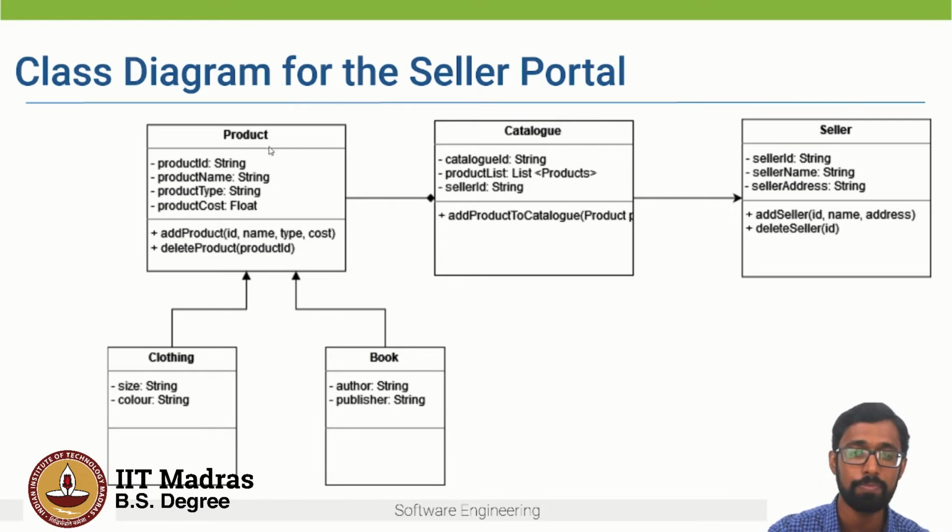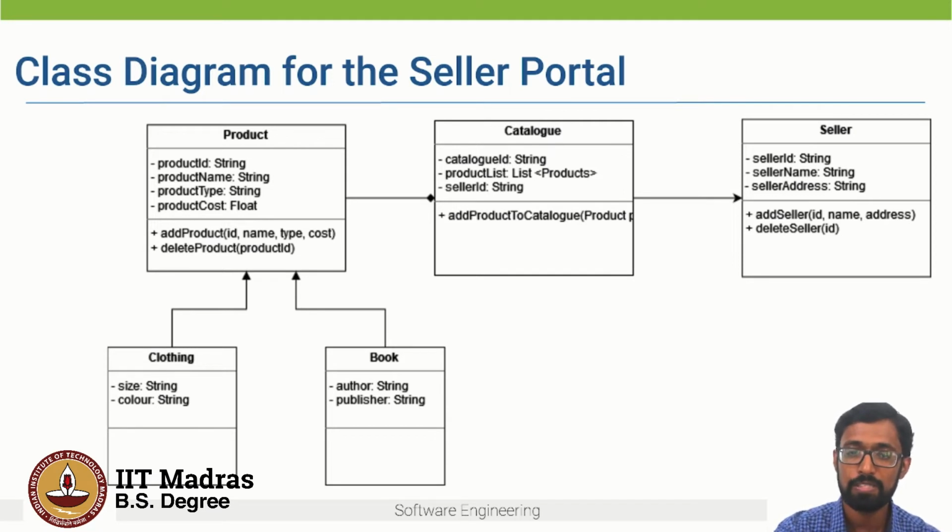So what does this mean? So clothing is a specialized type of product and it contains attributes like product ID, name, type, and cost. But in addition to that, it contains specialized attributes like size and color.